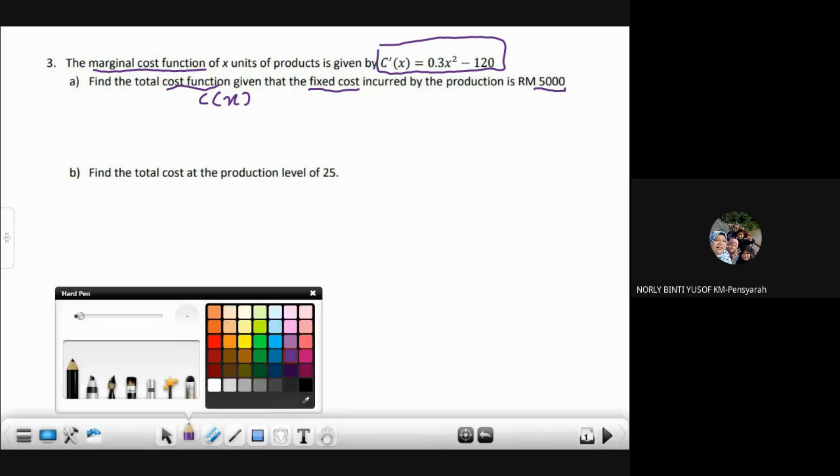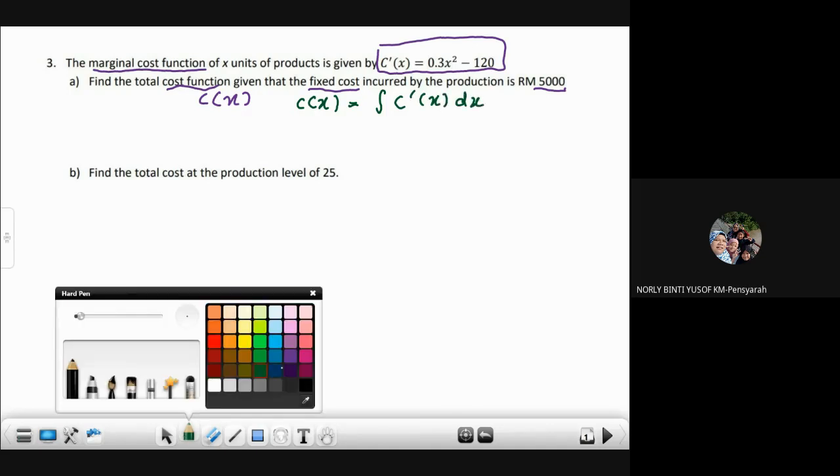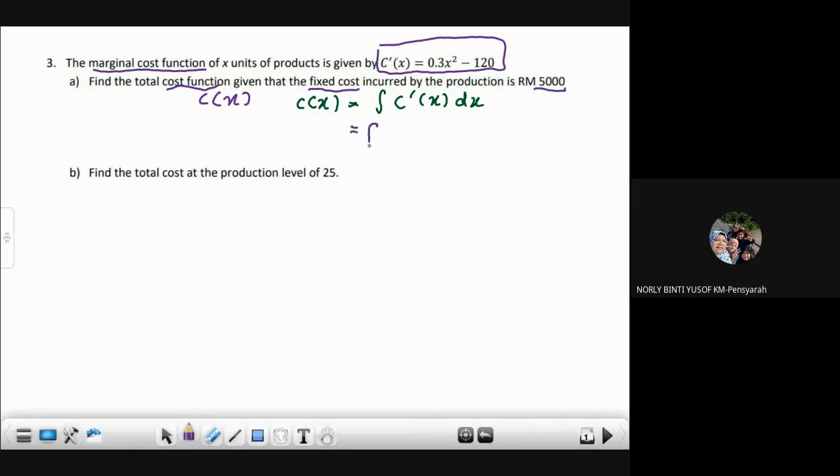Okay, so kita tengok dulu. Kita buat for your C(x), since that you want to find the cost function. So you need to integrate C prime x dx. Okay, so you integrate 0.3 x squared minus 120 with respect to dx.